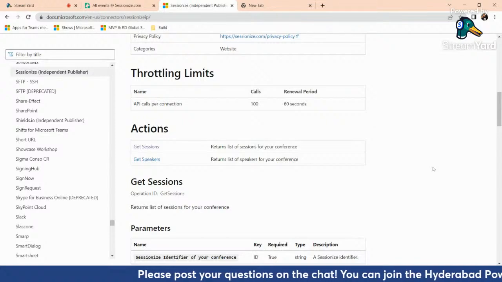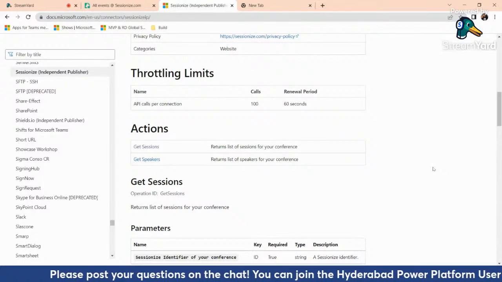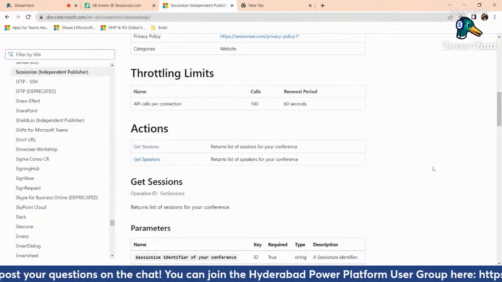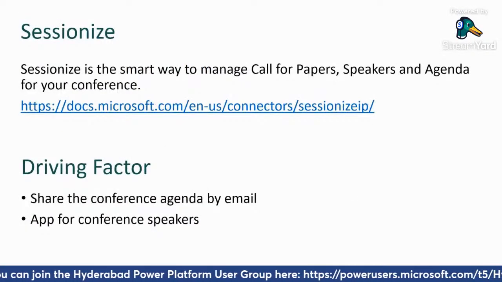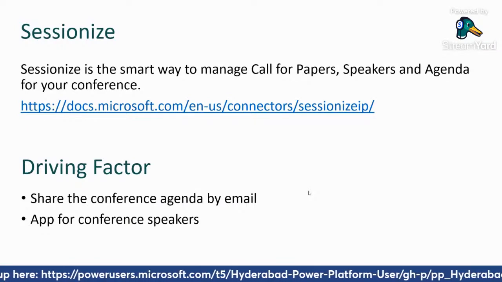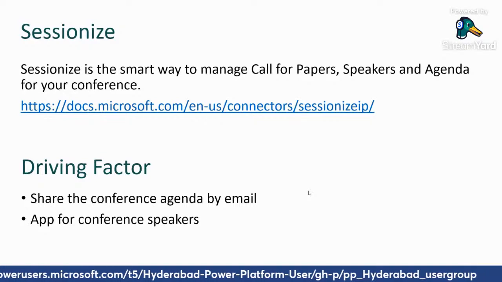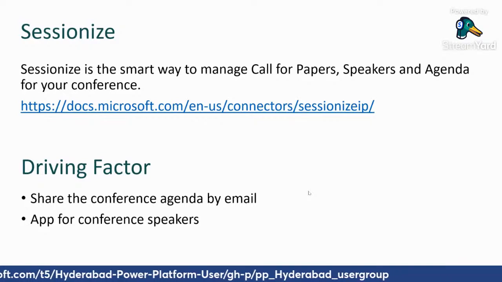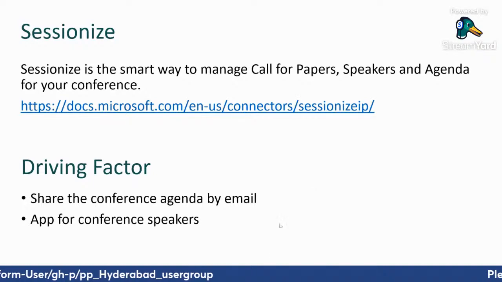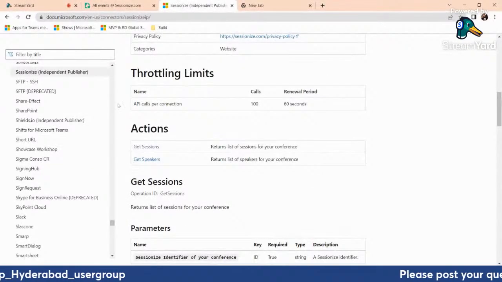We build the agenda, we publish those free events, and every time we come across at least two use cases. First is sharing that conference agenda by email to all the attendees, and then creating a good looking app through which we can use that custom connector for our Sessionize purpose.